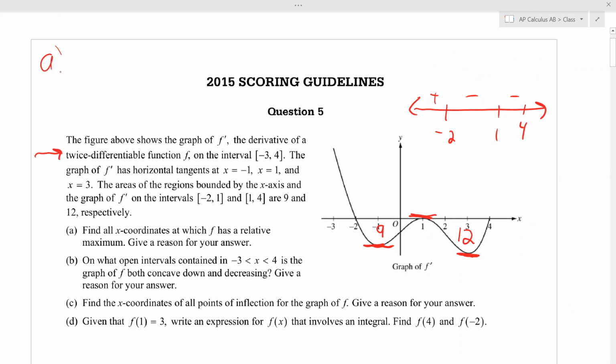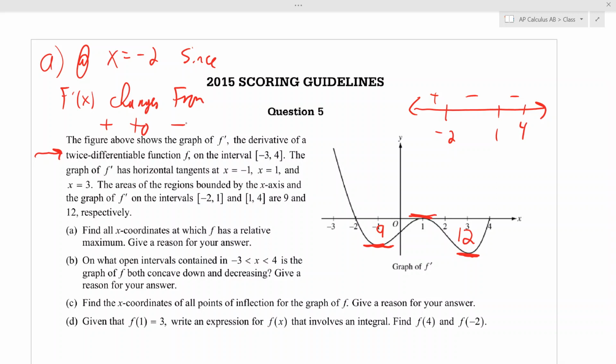So for A, you're going to say at x equals -2, since f prime changes from positive to negative. There you go. Again, I always have to say in these questions, if they ask for the absolute max on a closed interval, you have to find all the critical values and then check the endpoints and the critical values.